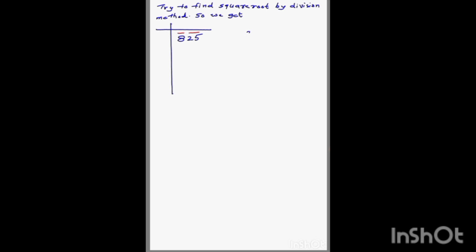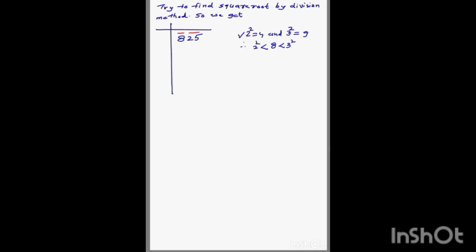These are very easy because they are from 1 to 9 only. 2 square is 4, 3 square is 9. So 2 square is less than 8, less than 3 square. Okay, so we take 2.